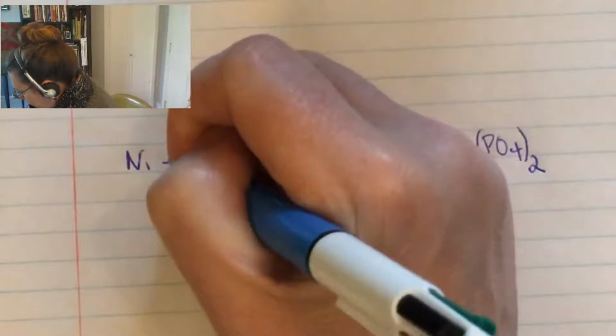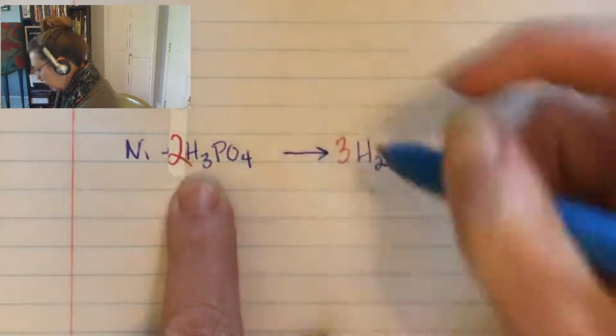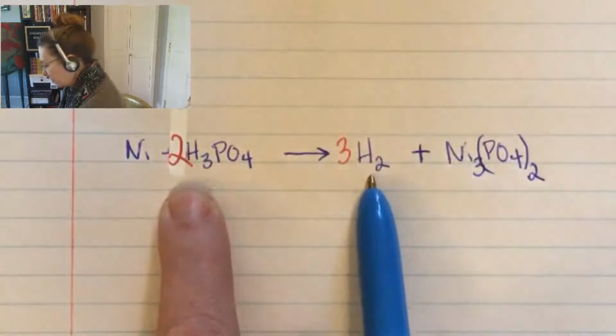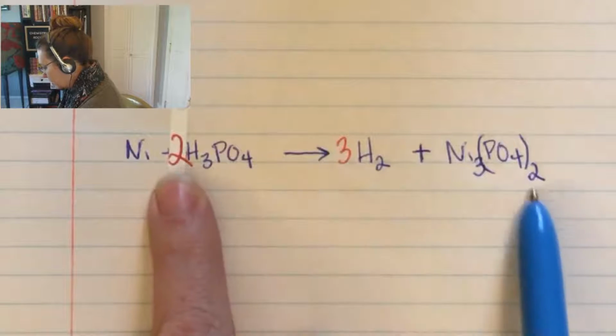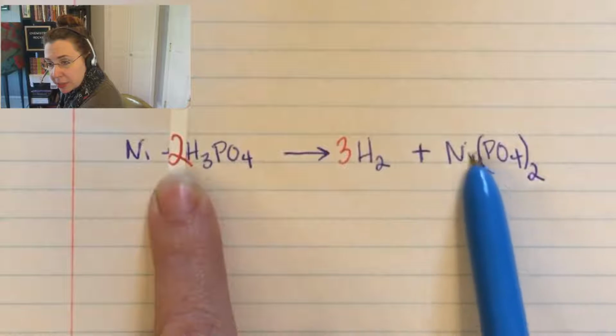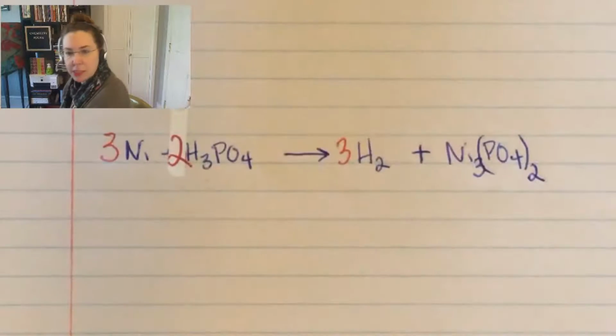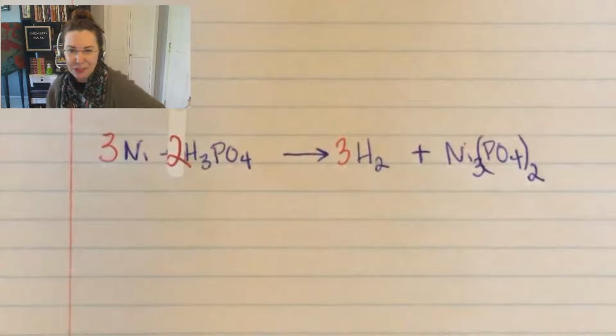Okay, we're going to put a 2 here and a 3 here. And now our hydrogens are balanced. This also gives us our 2 phosphates that we need on the product side. Now all I have to do is deal with the 3 nickels, and that's easy to do by just throwing a 3 in front of the nickel.